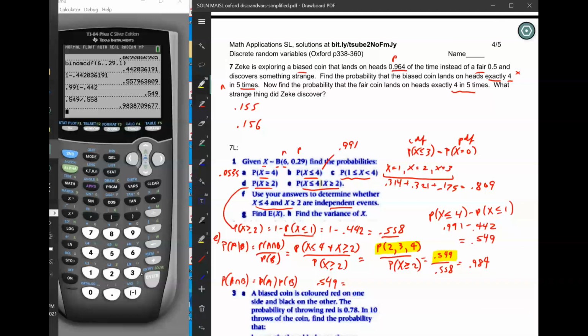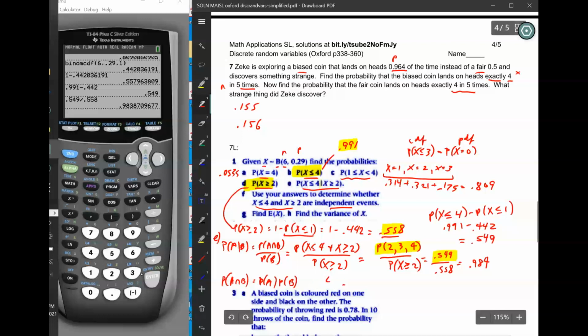Do we have that somewhere? Yeah, x is less than or equal to 4. And the probability of B is the probability that x is greater than or equal to 2, which is this one, right?